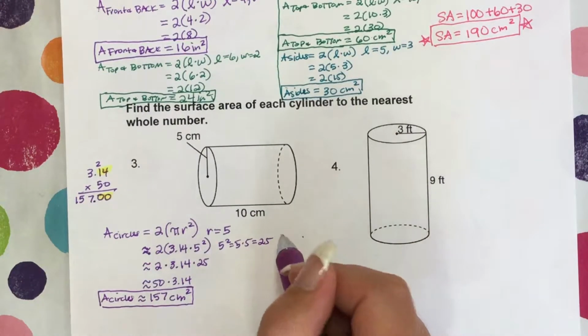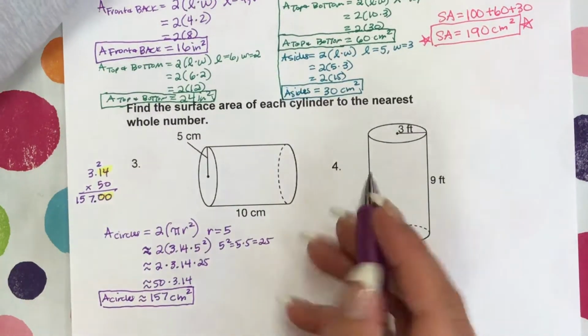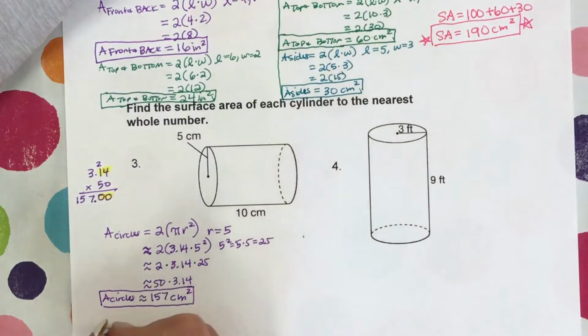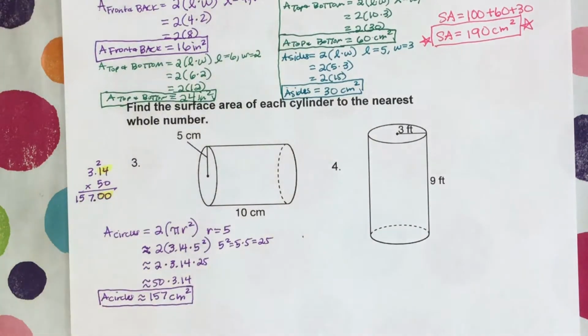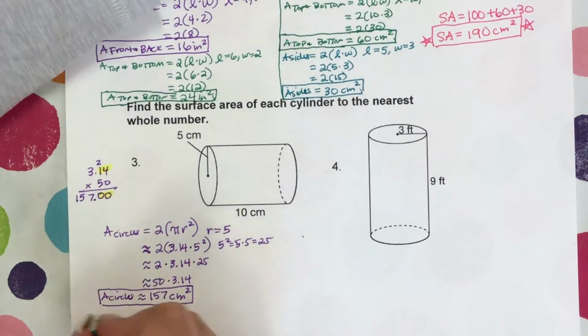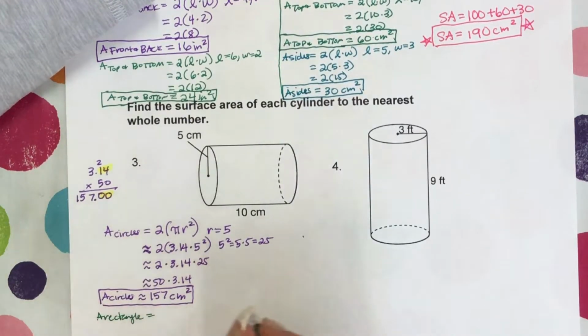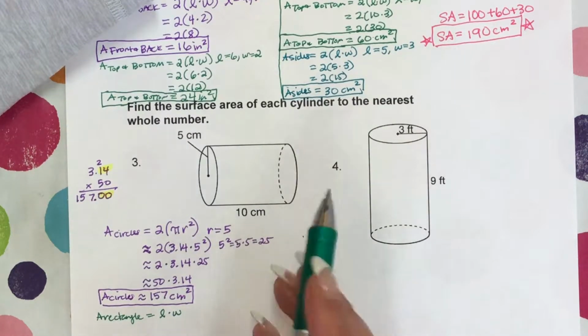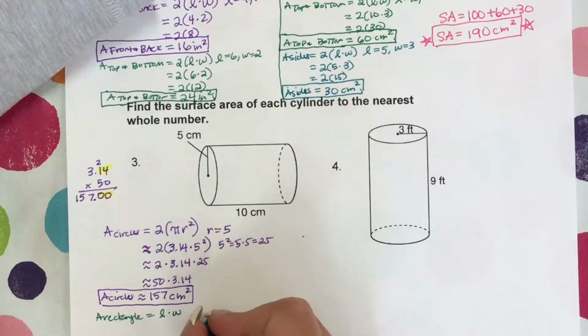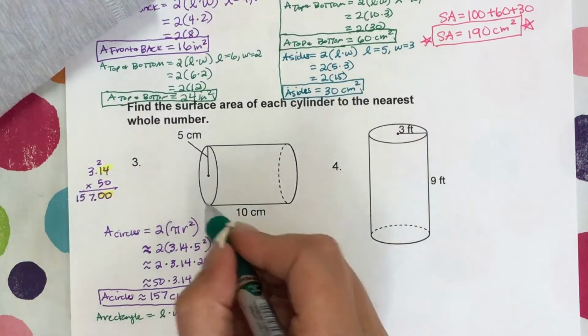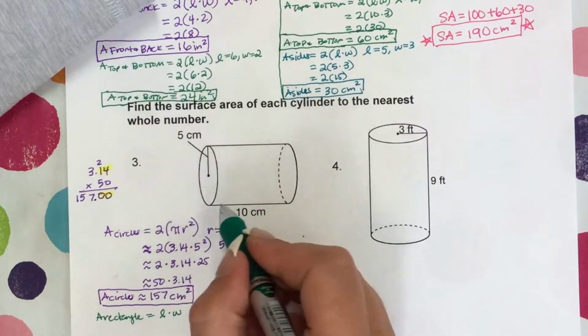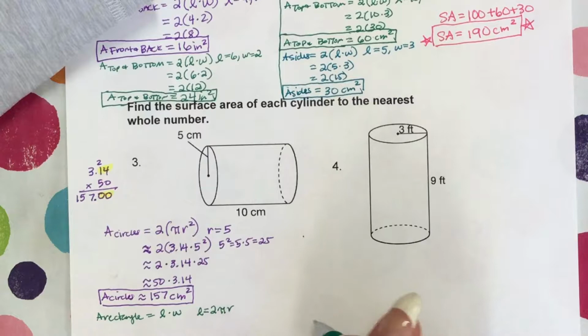So we know that the area of the rectangle is going to be, I'll say area of rectangle, area of rectangle is equal to length times width, okay? And the length is equal to 2 pi r, right? The circumference of this circle. That's going to be the length of that rectangle.